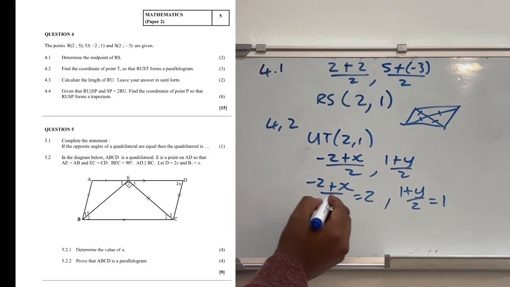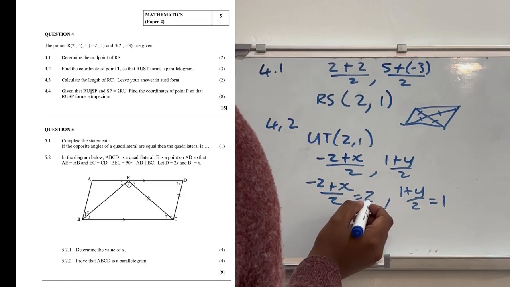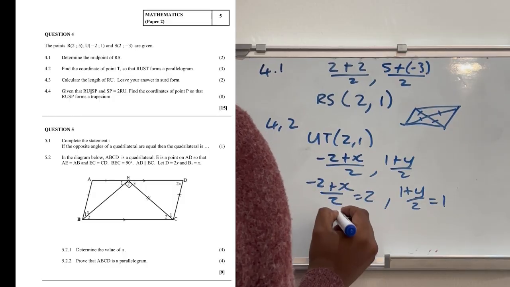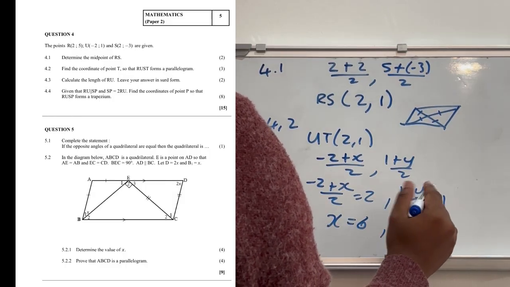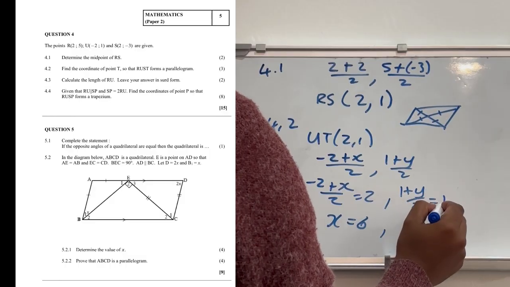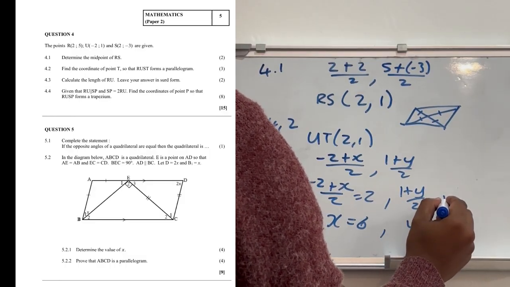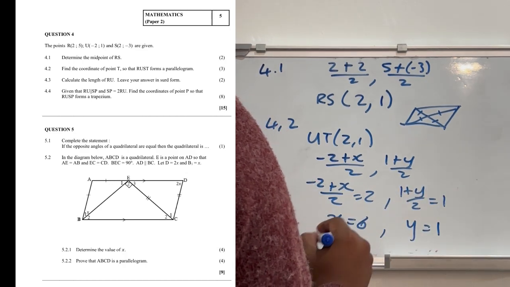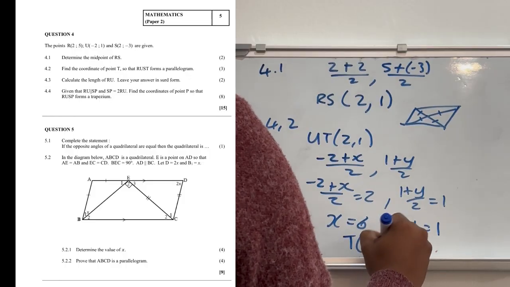Here we're just going to multiply the 2 over. So 2 times 2 is 4, plus the 2 that comes over, then x is 6. And y is 2 times 1 is 2, minus 1 is 1. So your answer is 6 and 1. So T is basically 6 and 1.